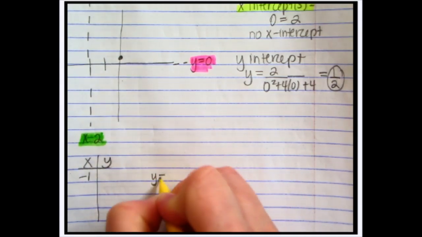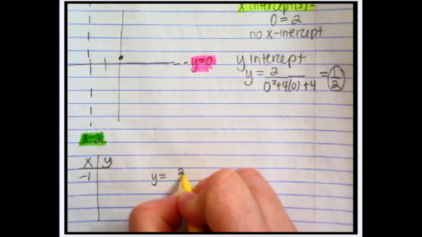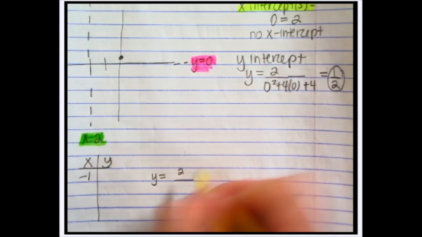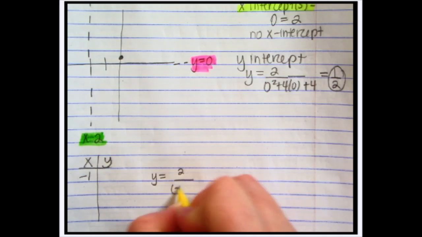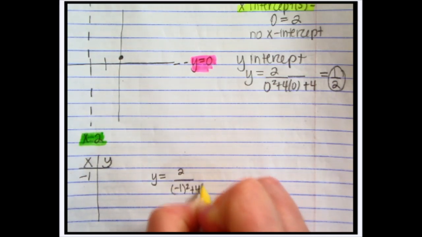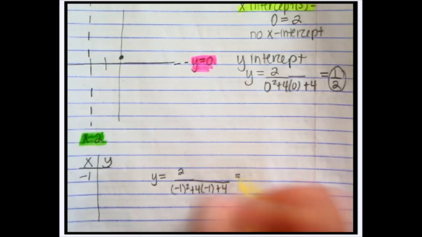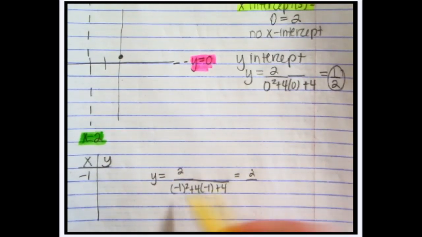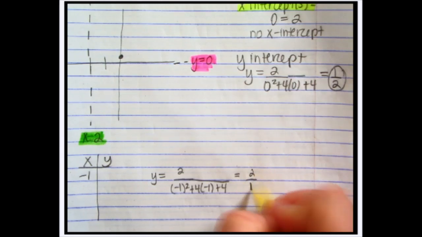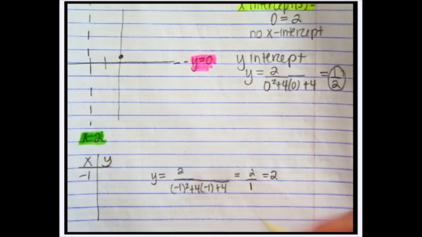So y equals 2 over -1 squared plus 4 times -1 plus 4. So we get 1 minus 4 plus 4, so we get 2 over 1, or 2. Hopefully that's right.